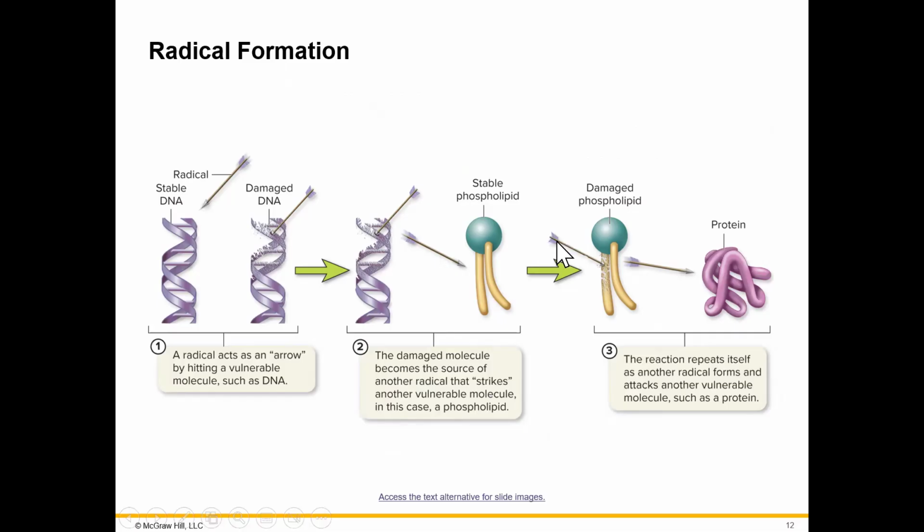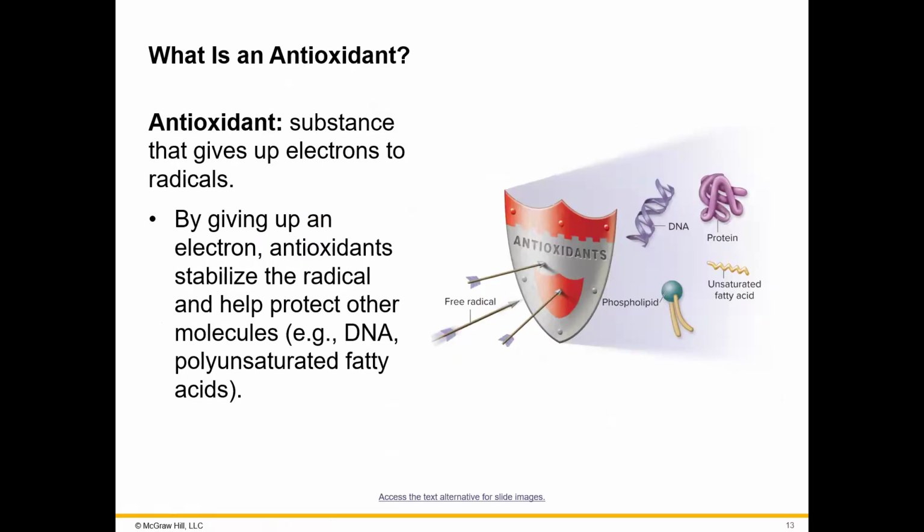You see this diagram here on page 269 of your textbook, and you see how these free radicals can come in and damage DNA, and antioxidants help with that. They help to give up some of their electrons and prevent this degradation of the DNA.